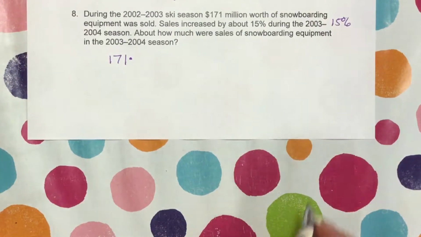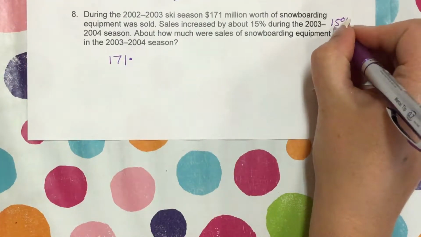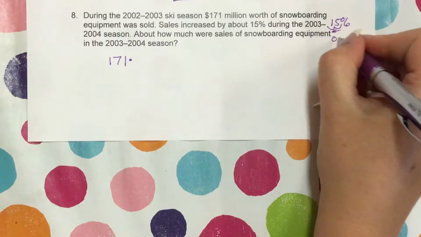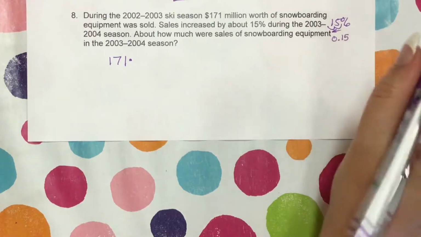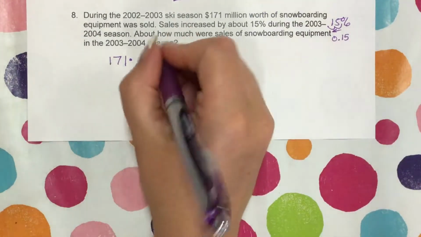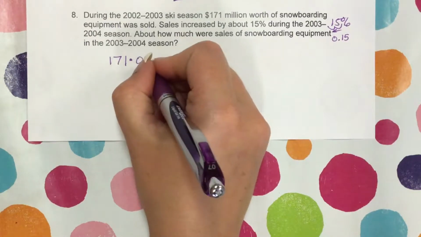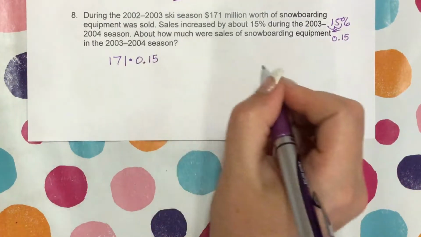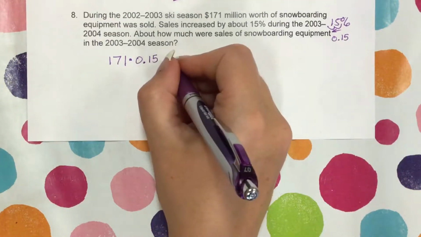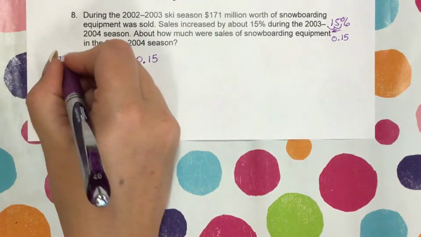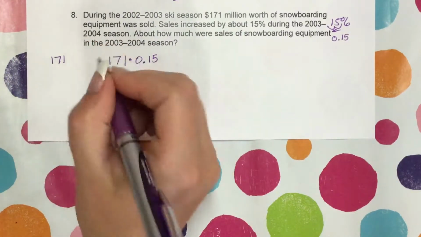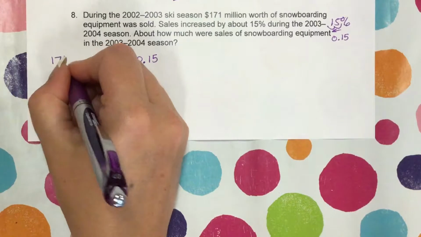To convert that to a decimal, remember we just move it 2 places to the left. So it ends up being 0.15. So it's 171 multiplied by 0.15, and we can just go ahead and figure that out over here on the side. 171 times 0.15.